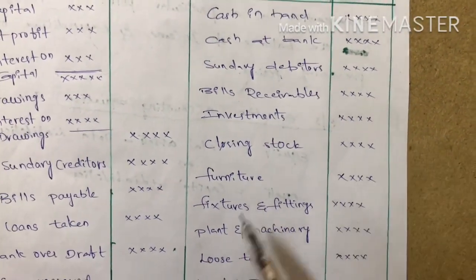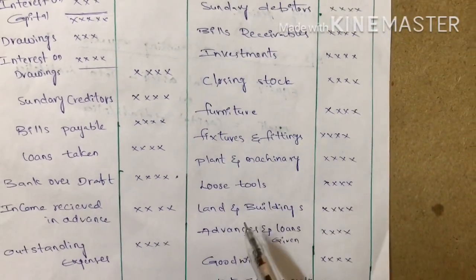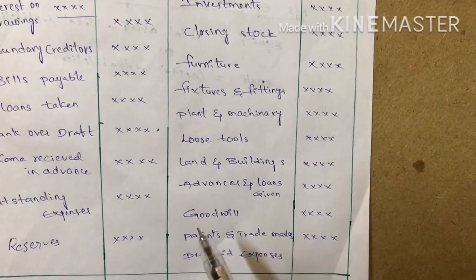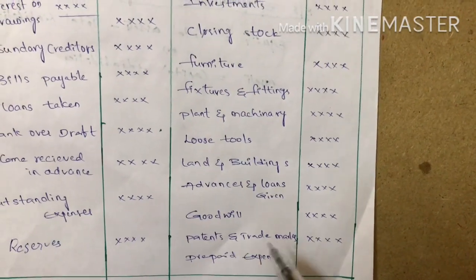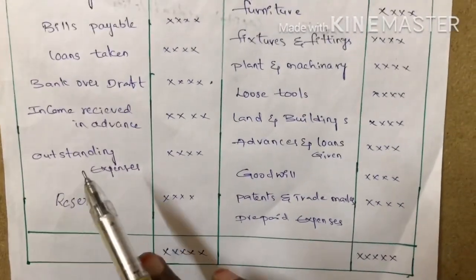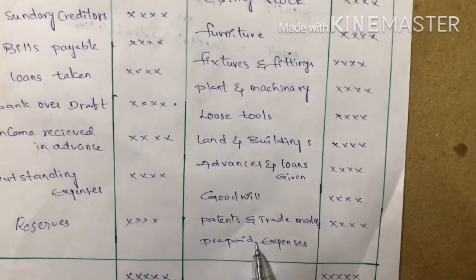Furniture is one of the assets, fixtures and fittings, plant and machinery, loose tools, land and buildings, advances and loans given, goodwill, patents and trademarks, prepaid expenses. Outstanding expenses are liabilities, and prepaid expenses are assets.